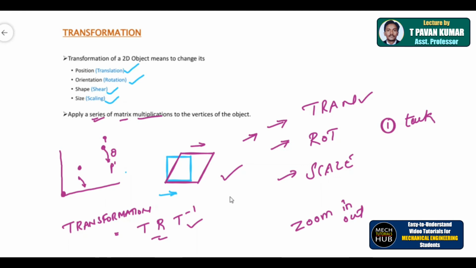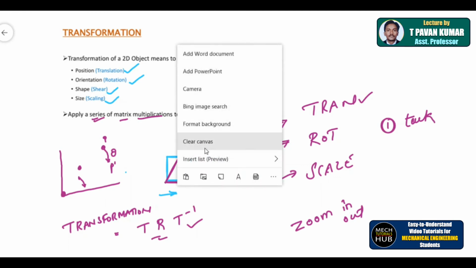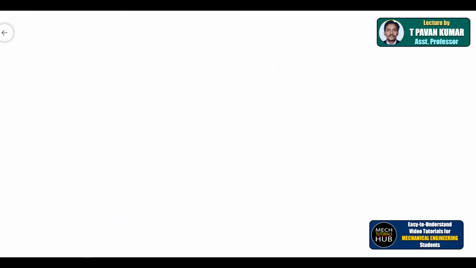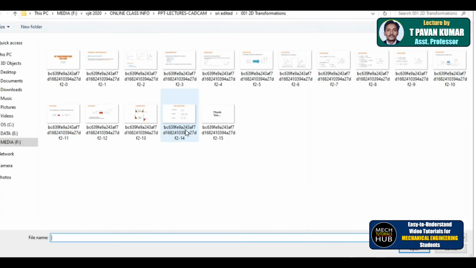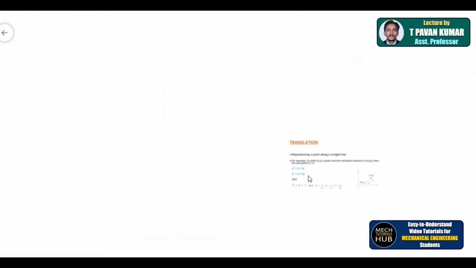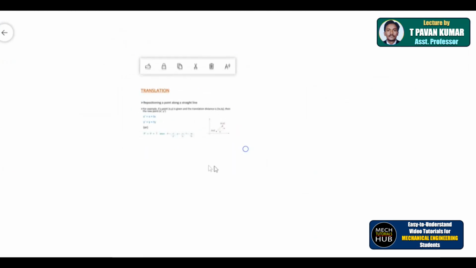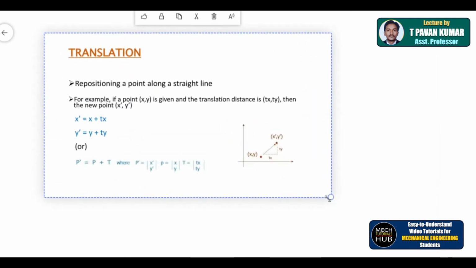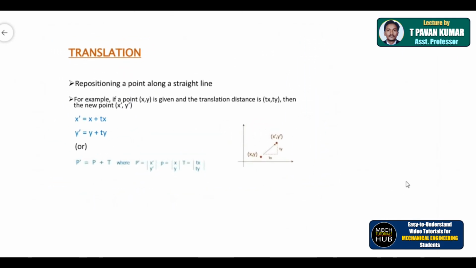Alright, and coming to the next slide, let me clear this one, and the next one is going to be individual tasks. What exactly is translation all about? I was talking from the beginning about the same point: repositioning or positioning from the existing point, a point along a straight line.